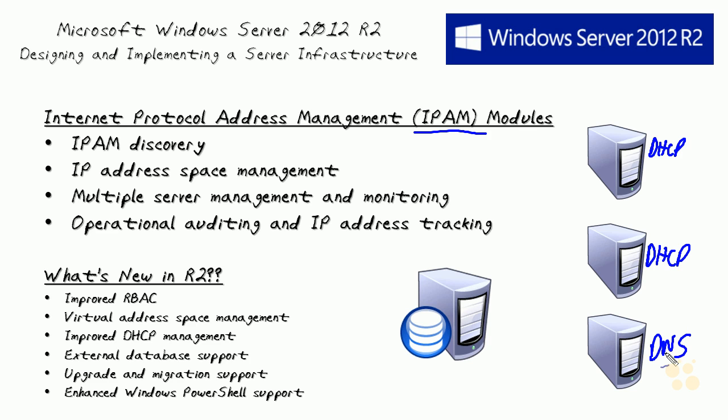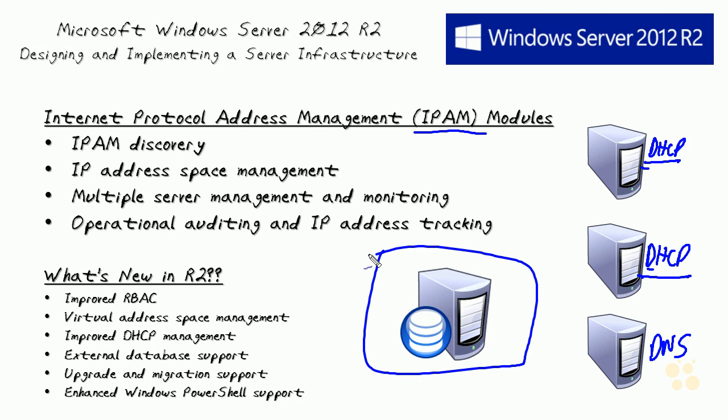Well, to manage that scope, you have to go over to this server and manage it. Then you'd have to go over to this server and manage it. Even though you're using remote desktop or whatever, you're still having to do it on this server, and then move over to this server, and you're doing it all manually, whereas with IPAM, you can do this all in one centralized location.